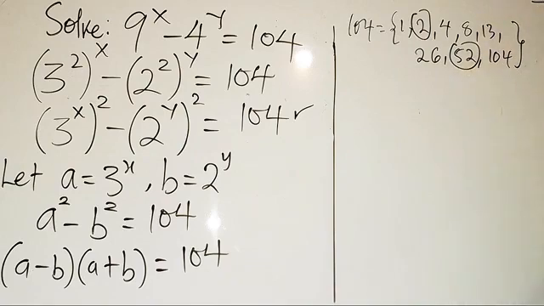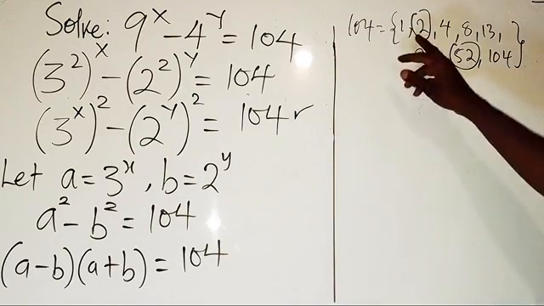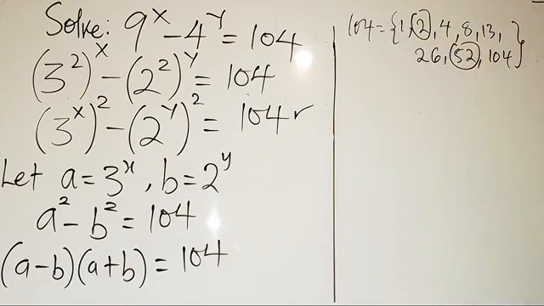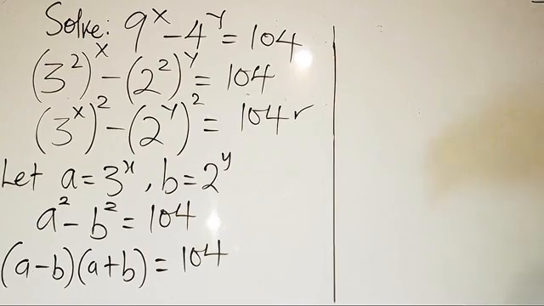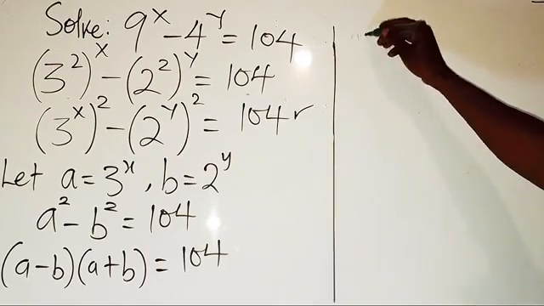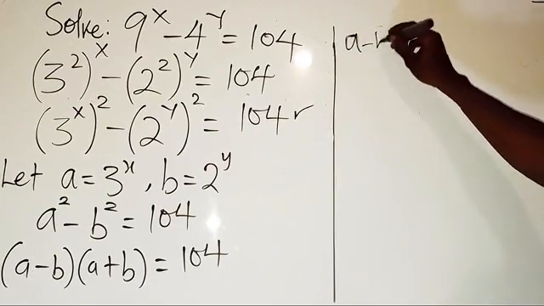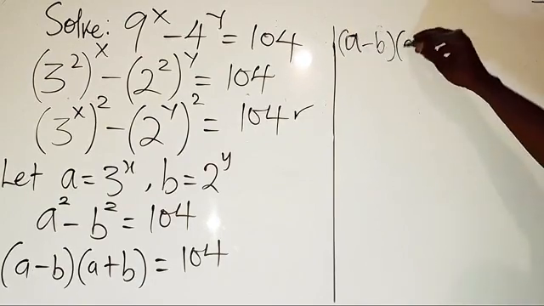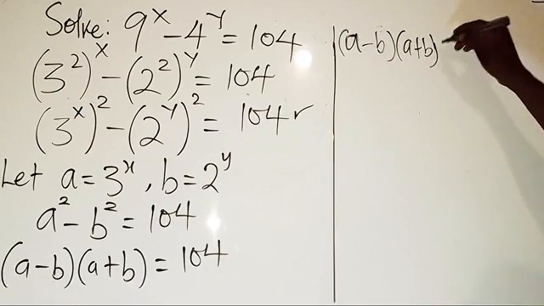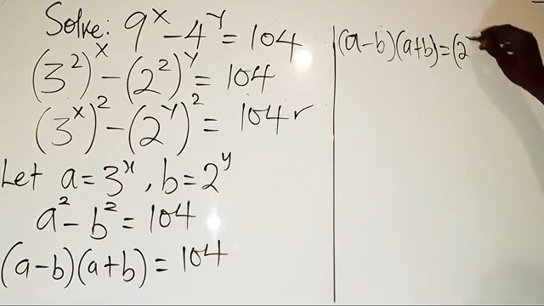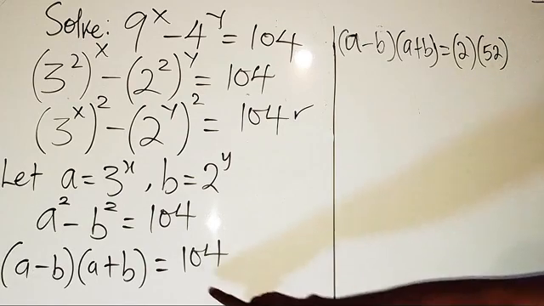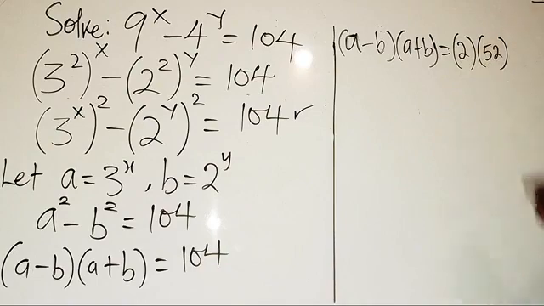So therefore I'm going to express 104 as 2 and 52. Permit me to clean this because of space. We have a minus b, a plus b, equals 2 times 52. So this 104 has been changed to 2 times 52.